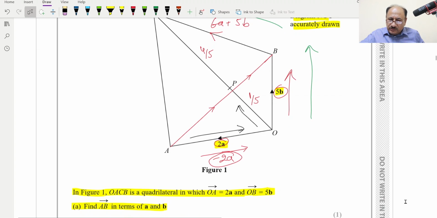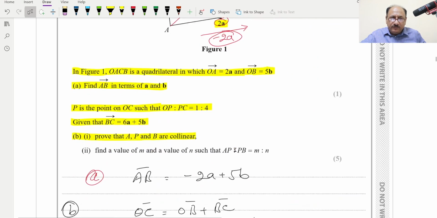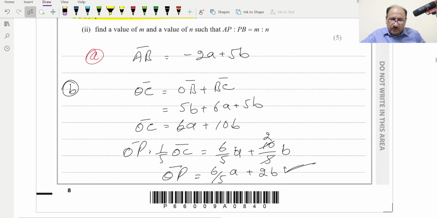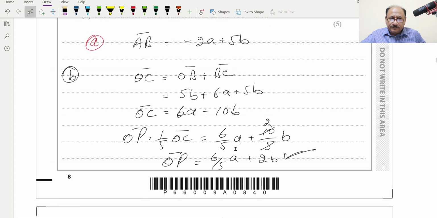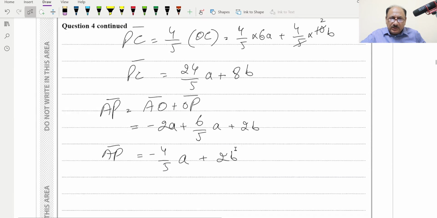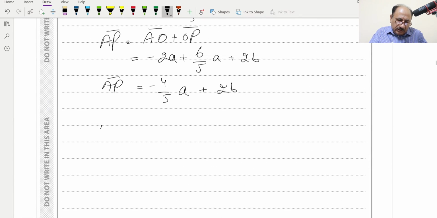AB value is equal to minus 2a plus 5b. So we already basically found that value, which is, we can write over here AB is equal to minus 2a plus 5b, and this one we can rewrite if we take 5 over 2 common.